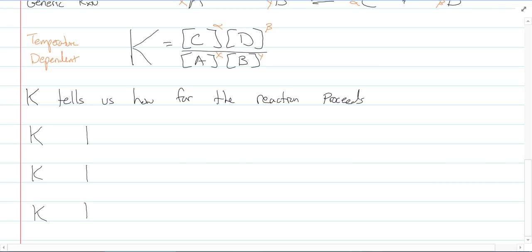Of course, K can be much, much less than 1, which we're going to call small. And that's usually 10 to the negative third or smaller, right? And we are reactant favored. Not many products go.